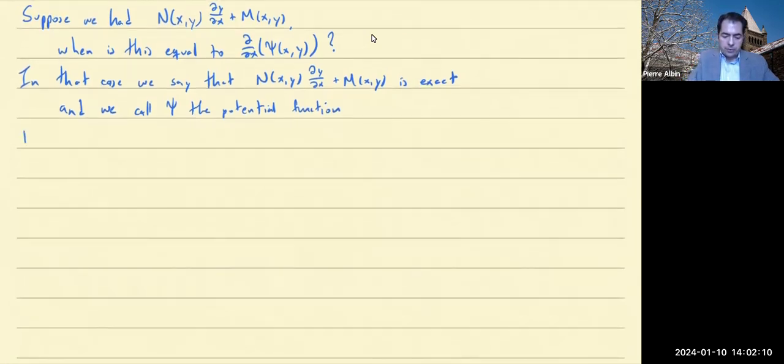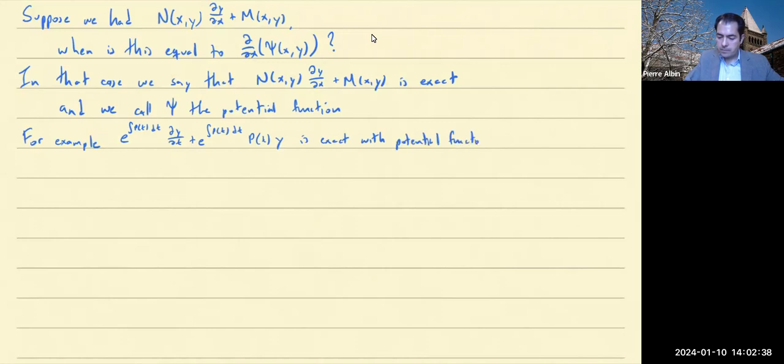So, for example, e to the integral of p(t) dt times dy/dt plus e to the integral of p(t) dt times p(t)y is exact with potential function e to the integral of p(t) dt times y.